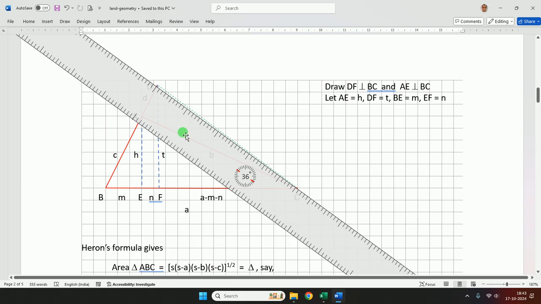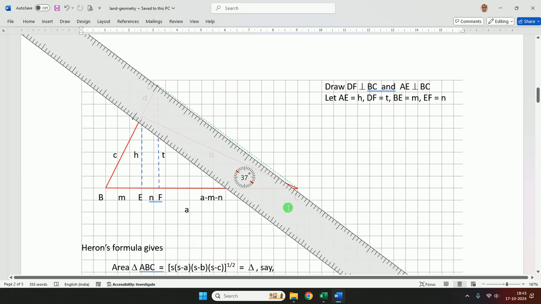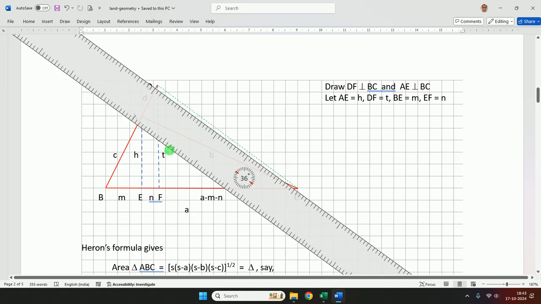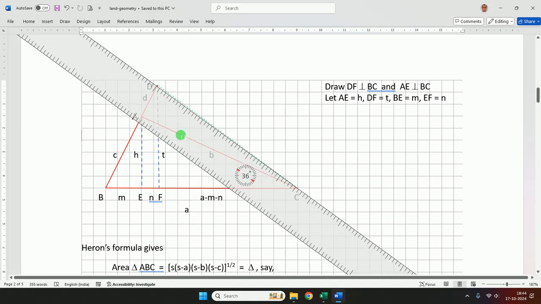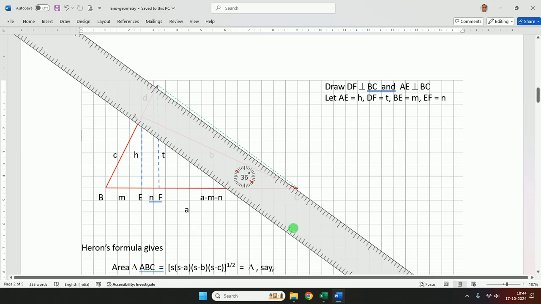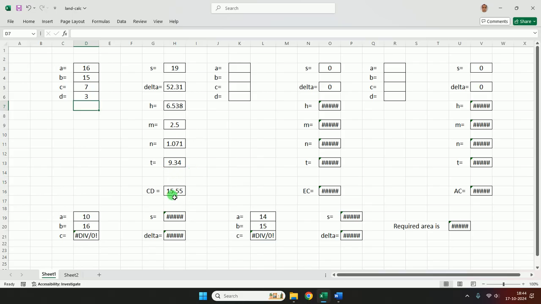A little bit of error is of course there, but it's quite near. You can see 10, 20, 30, 40, slightly more than 45. So that means slightly more than 15. So our answer is also, in fact, 15.5. So quite close. All right.